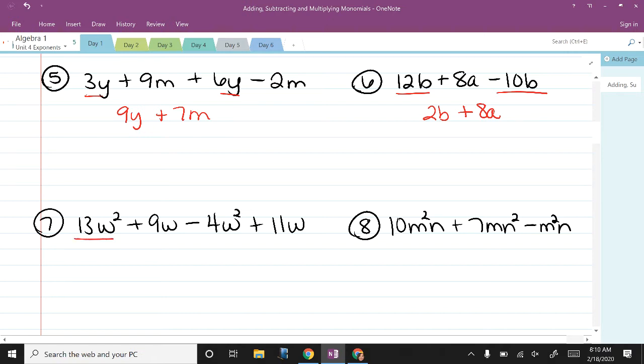What is 13w squared minus 4w squared? 9w squared. And then I'm going to do my w's. What is positive 9w plus 11w? And that's positive, so I'm going to say plus 20w. So if you combine it and it's a negative, you need to put a minus. If I were to combine that and get negative 20w, you have to put minus 20w.